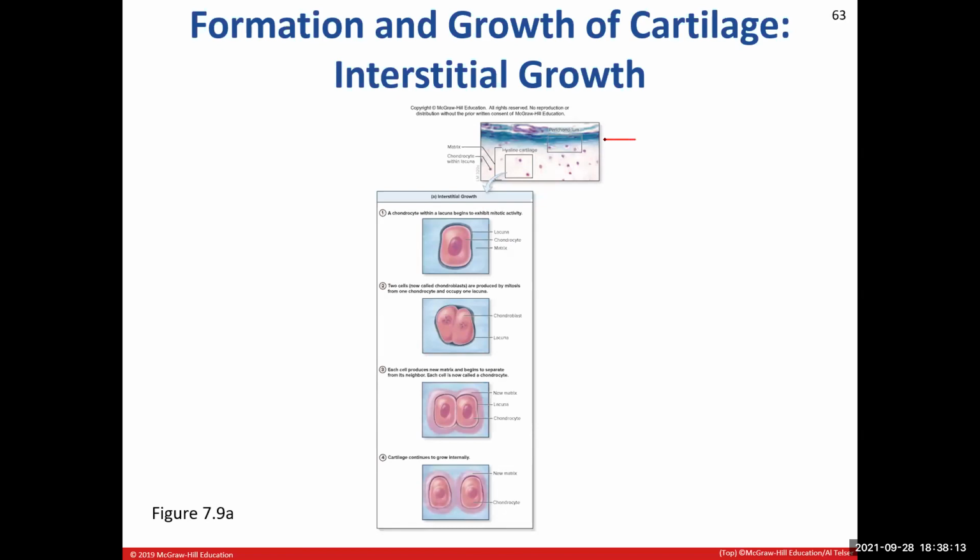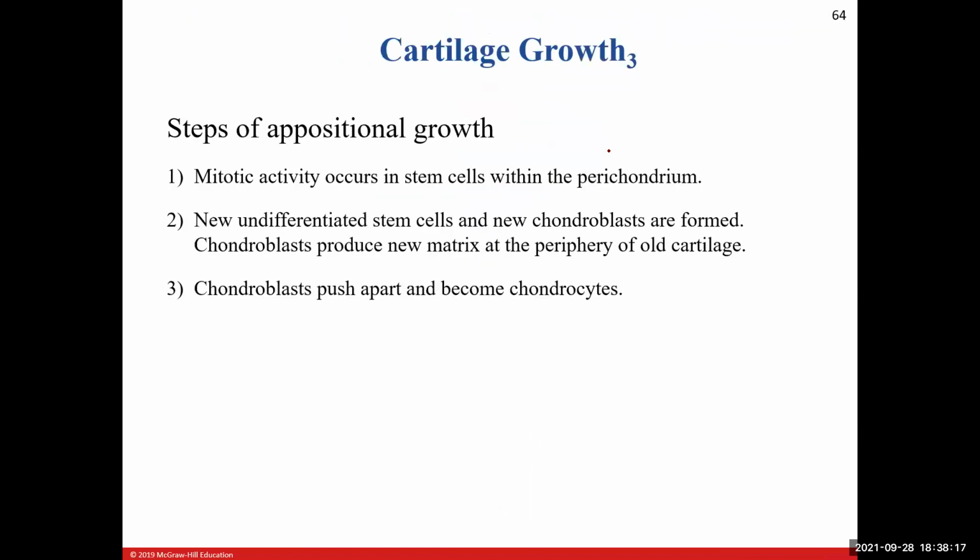Now we're going to look at appositional growth, and that occurs on the outer edge. Similar type of situation, but now we're going to deal with the perichondrium. So in appositional growth, we're going to see stem cells that live in the perichondrium, much like how you had stem cells in the periosteum. Remember those osteoprogenitor cells? They would convert into an osteoblast and start producing bone matrix.